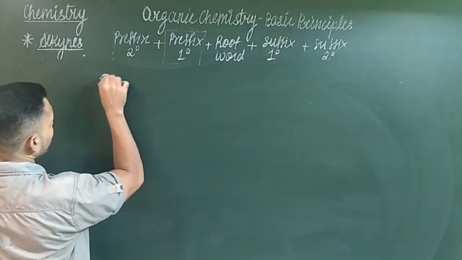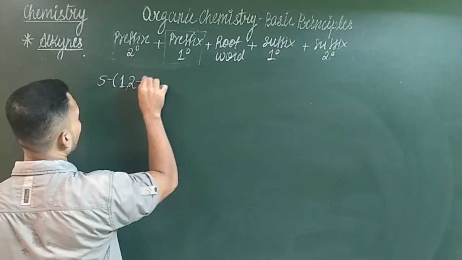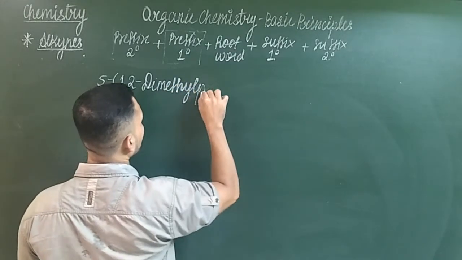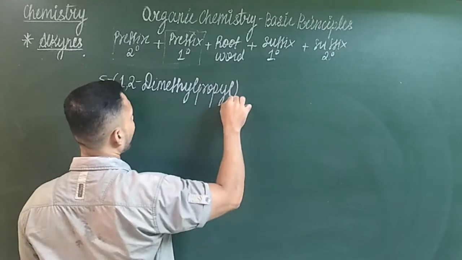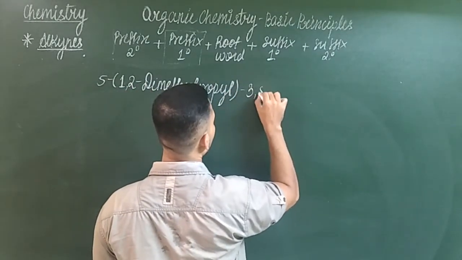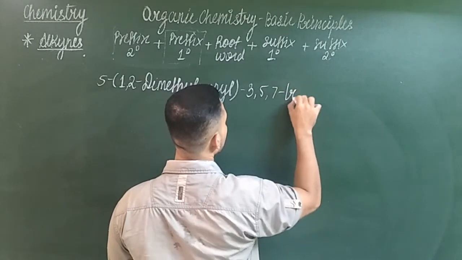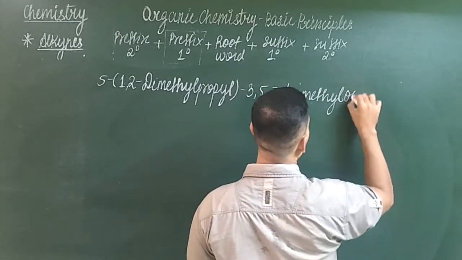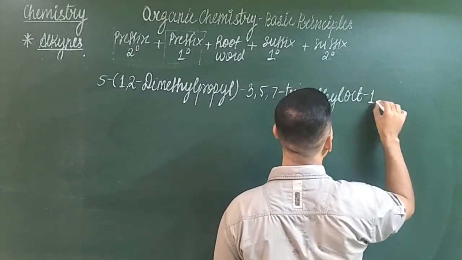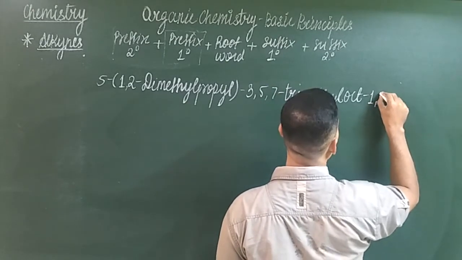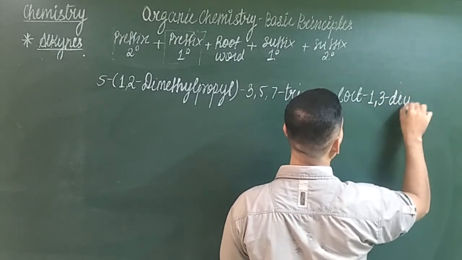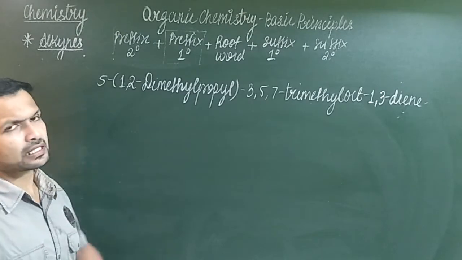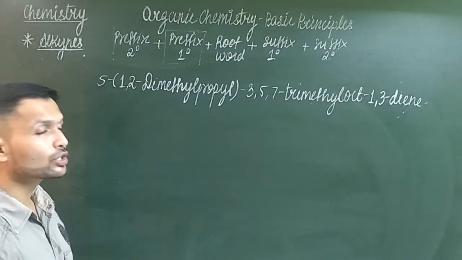Suppose this is 5-(1,2-dimethylpropyl)-3,5,7-trimethyloct-1,3-diene. I'll take an alkene now. So let's have a look over here. This is the question, and you need to draw this structure.